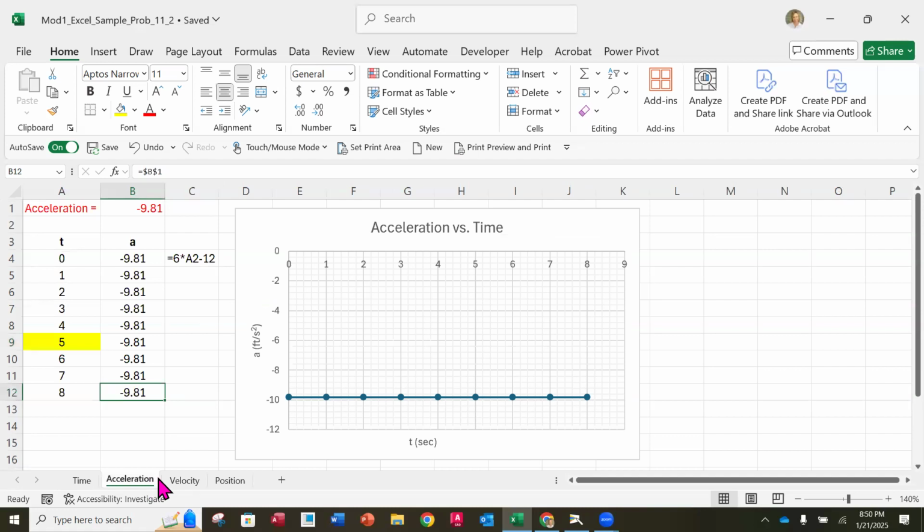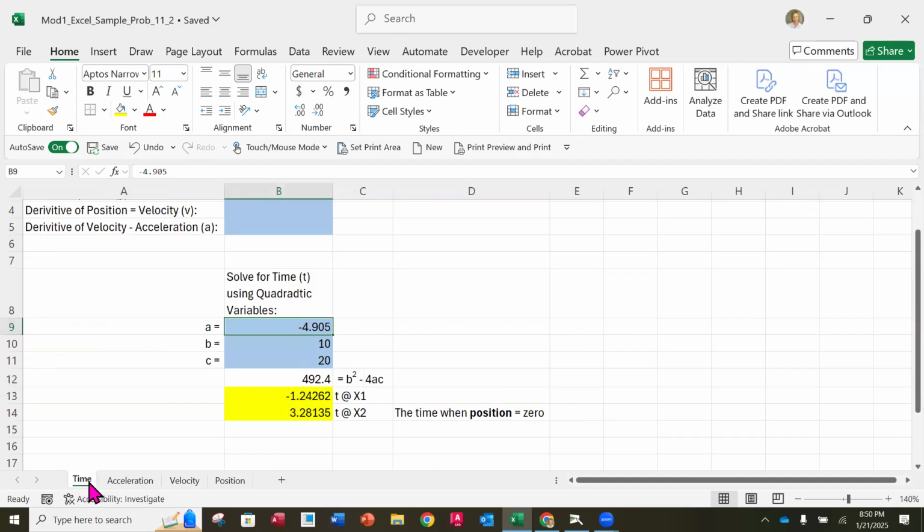I have it here just because it's there. You could even just delete that tab for this problem if you wanted to. The only things you're responsible for are the velocity and the position and answering the questions it asks.